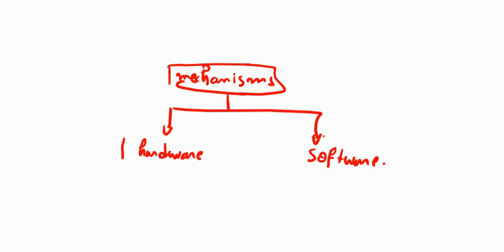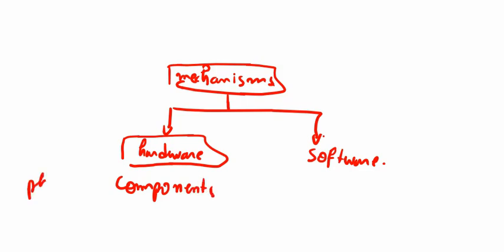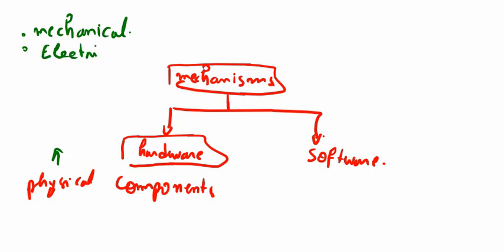In general, hardware are the physical components. So physical components include mechanical components, electrical components, and so on. So all physical components are the hardware.